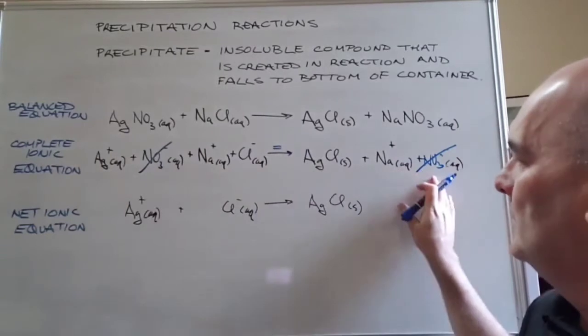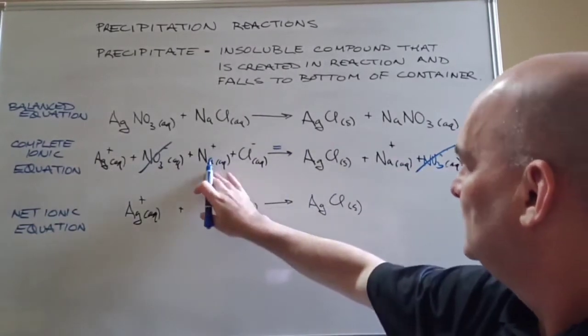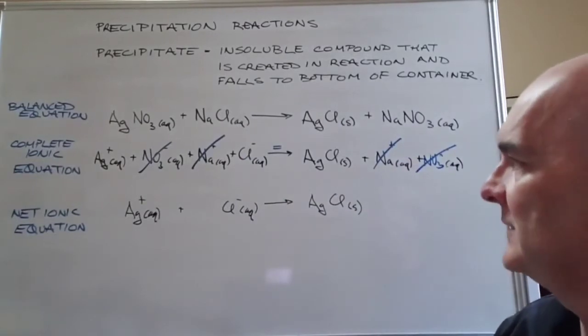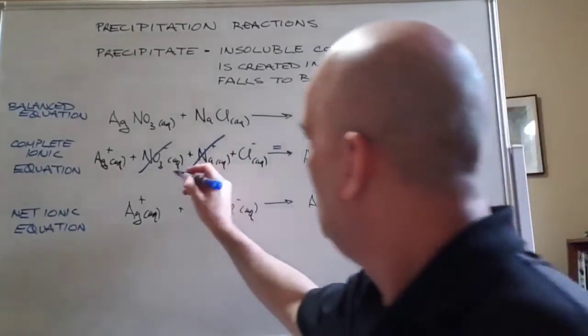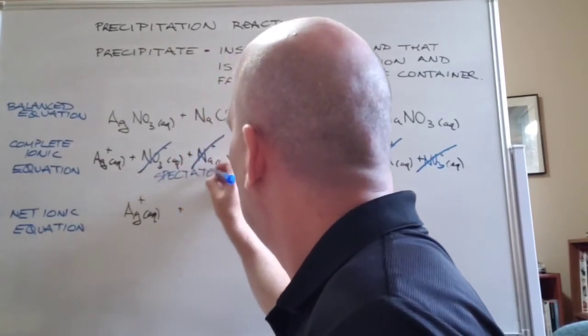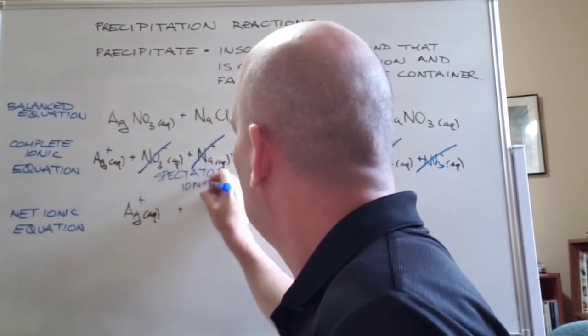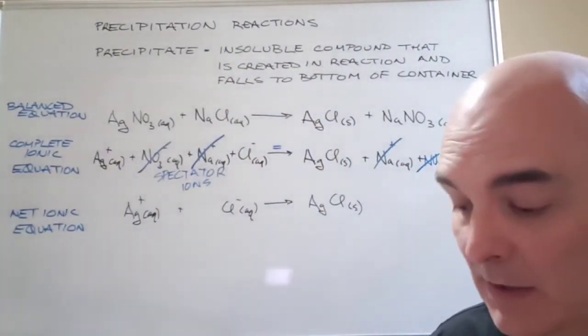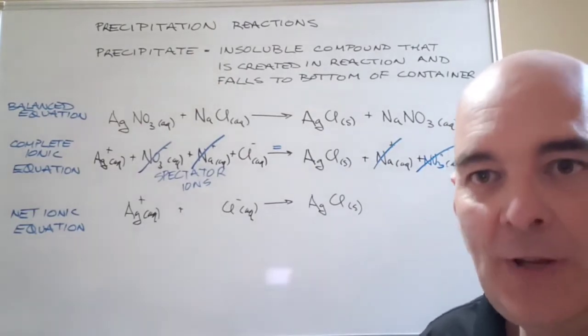I've got nitrate on both sides. This sodium and that sodium ion cancel each other out. These are what we would call spectator ions. They float around in solution, not particularly attached to anything, and they don't participate.